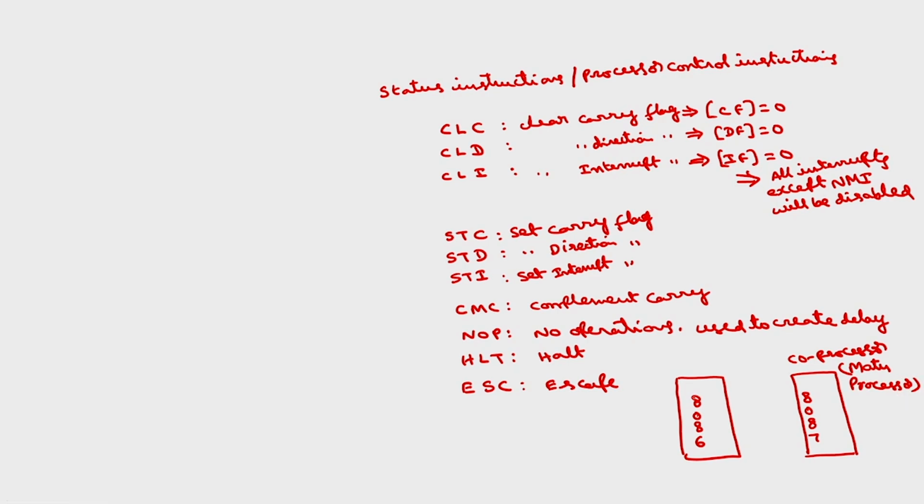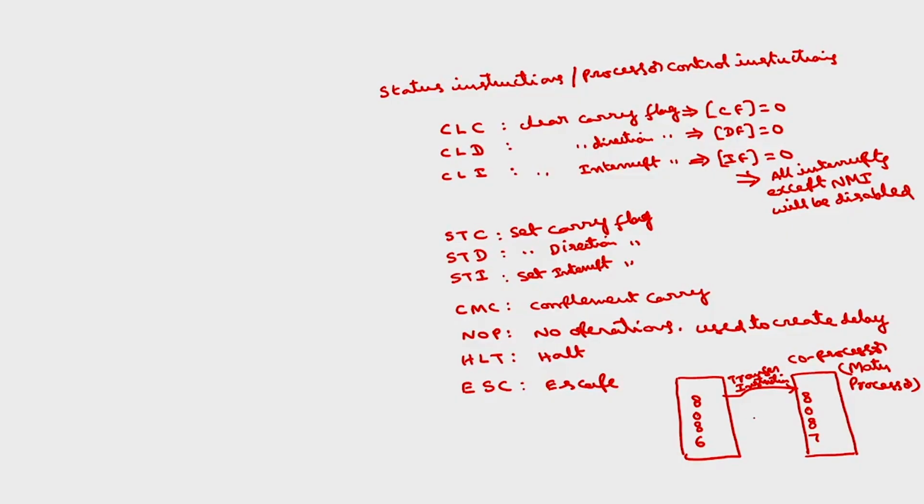Suppose the microprocessor wants to transfer some instruction to 8087. There are some instructions which involve mathematical operations. Then the microprocessor wants to transfer control of the instruction to the coprocessor. So whenever the microprocessor executes the escape instruction, the next instruction after escape will be transferred to the 8087.